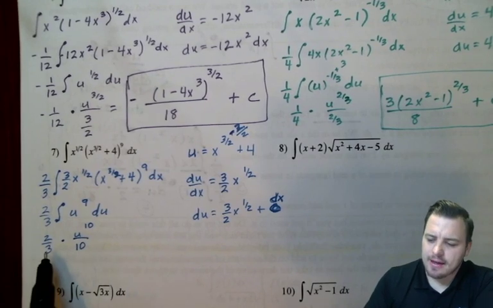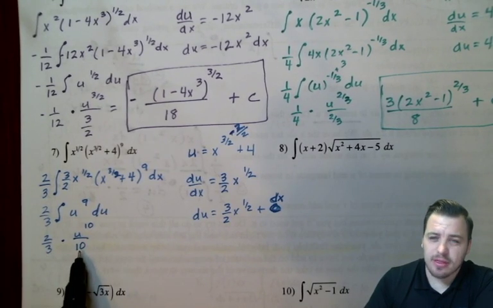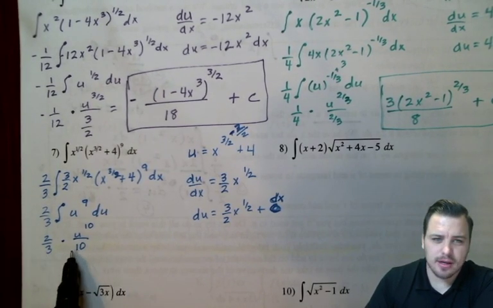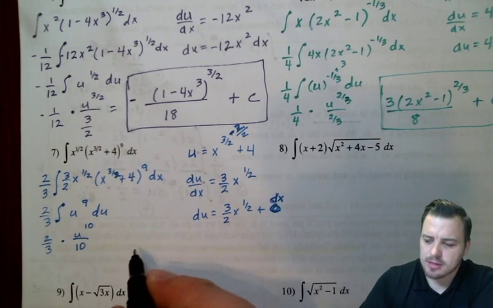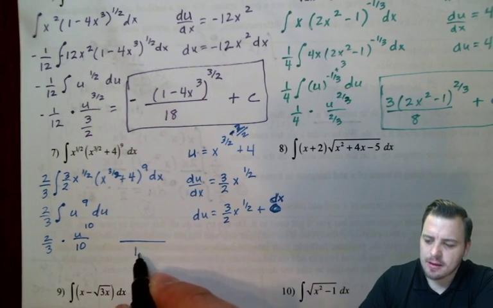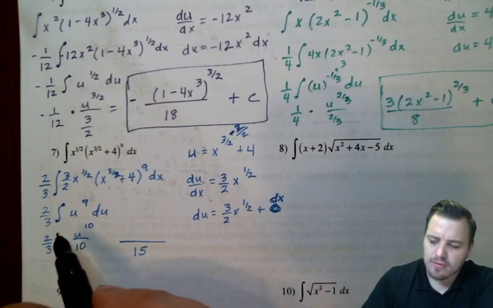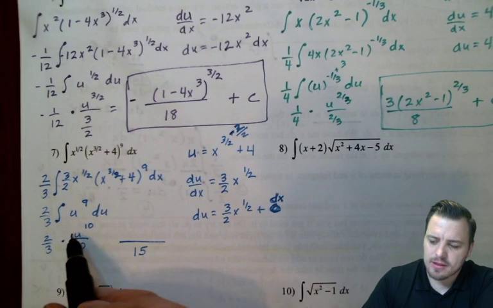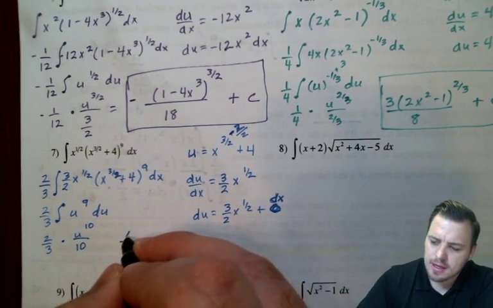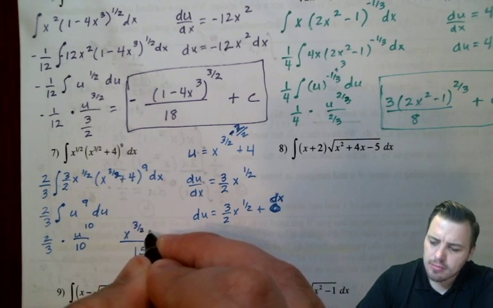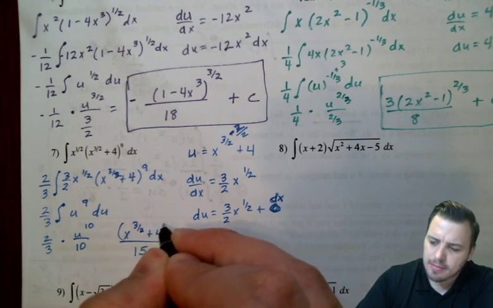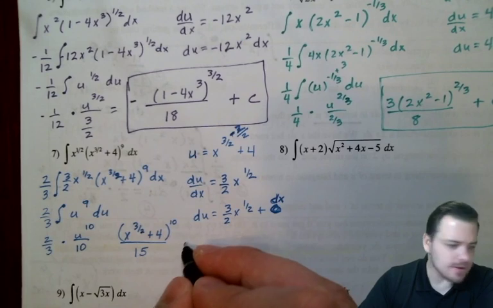Think about that: 3 times 10 is 30, and 2 over 30 would be 1 over 15. So my denominator is going to be 15 and the numerator would be 1. So it's 1/15 times u, whatever u is, x to the 3/2 plus 4 to the 10th power, and then just plus C.